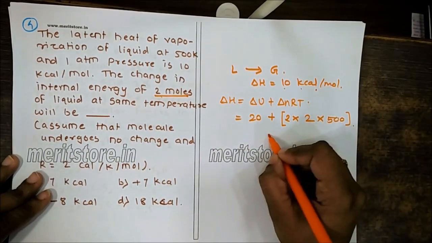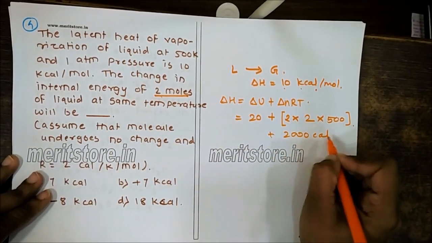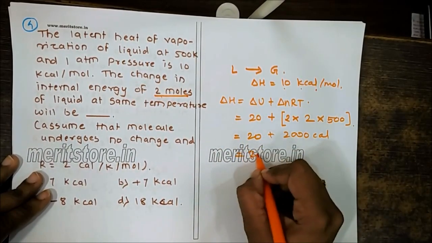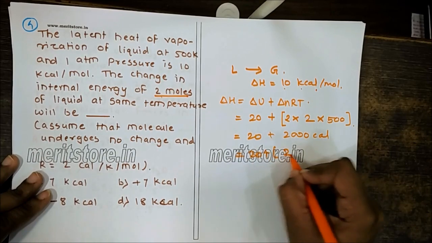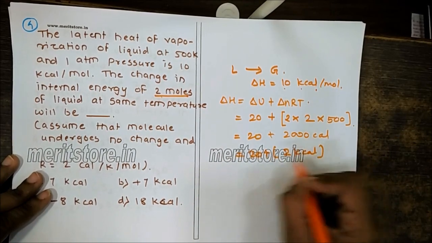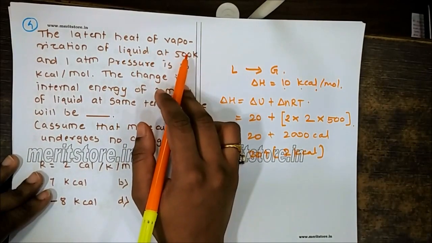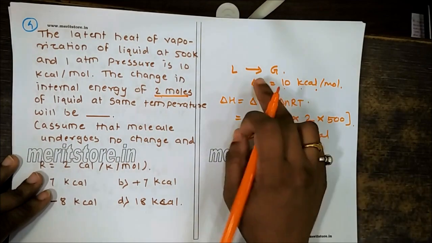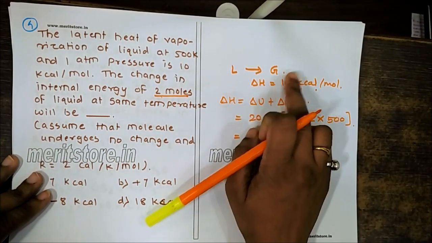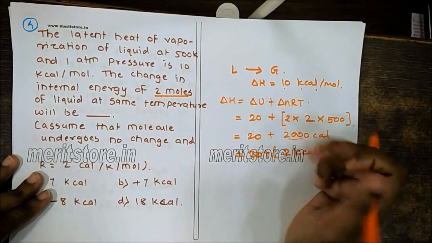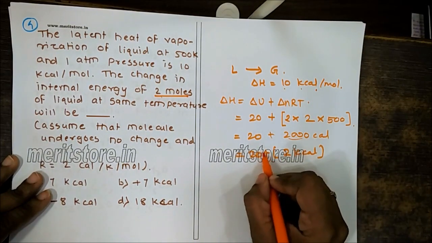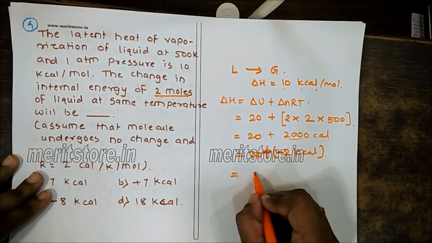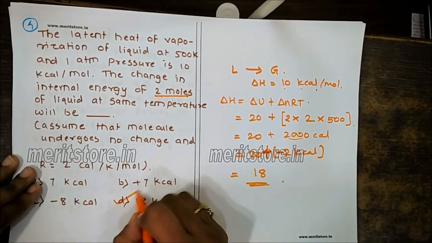So this comes out to be 2000 calories, but this is 20 plus 2 kilocalories. But now in this case, this is the vaporization state, turning from liquid to gaseous state. So on the product side there is a gaseous state, so this has to be subtracted from the 20. So this comes out to be minus 2 kilocalories. So the answer will be 18 kilocalories.